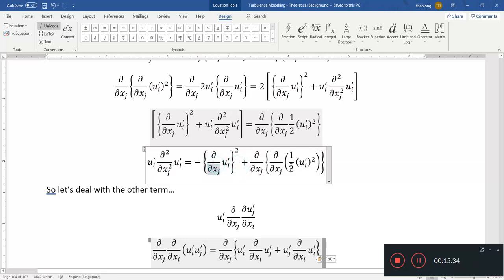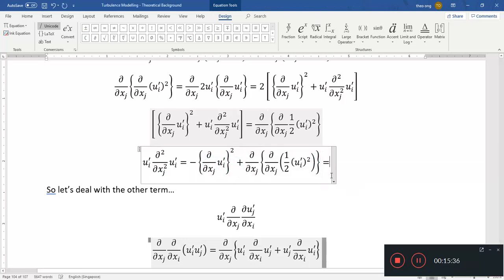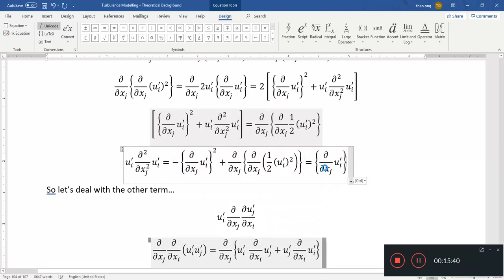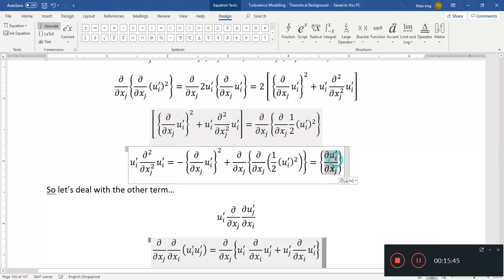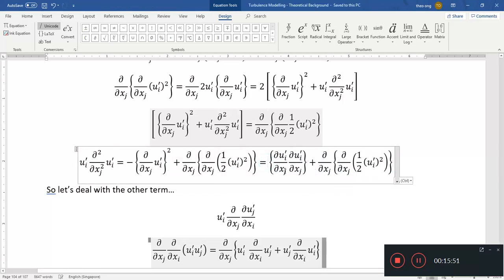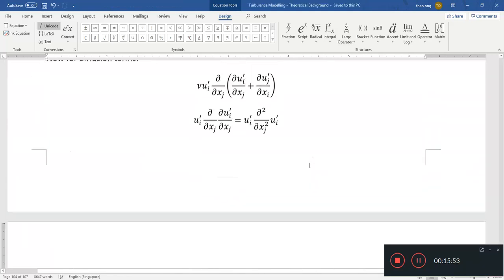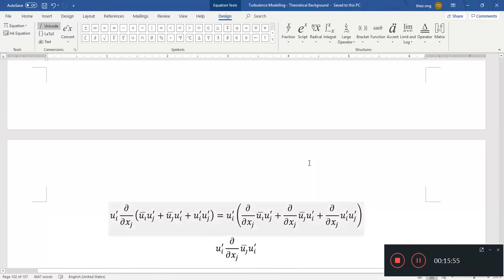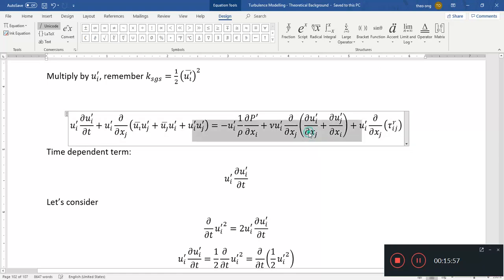This term is written like so: del ui prime del xj, squared, plus this kinetic energy looking term. This is the viscosity term. This one we just leave be because we'll model this anyway.